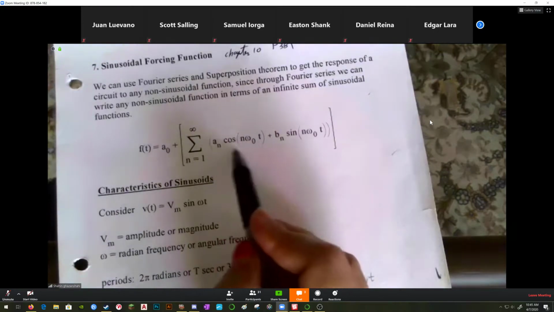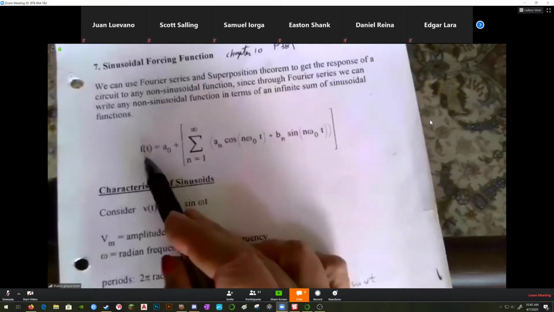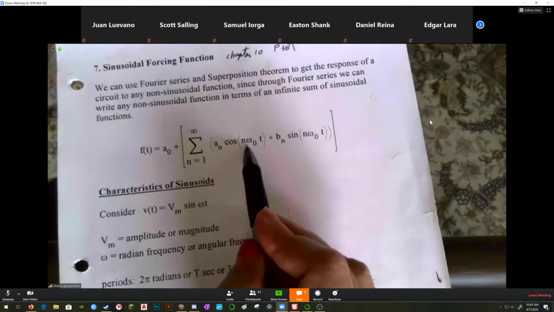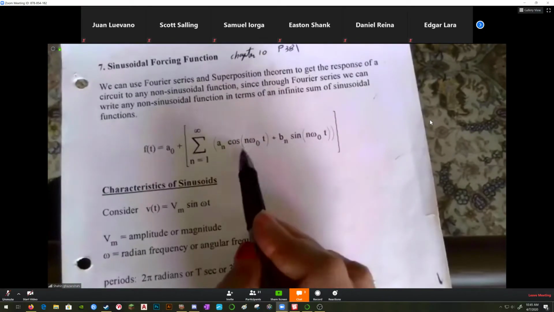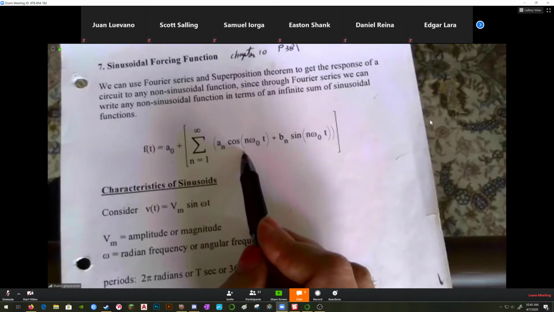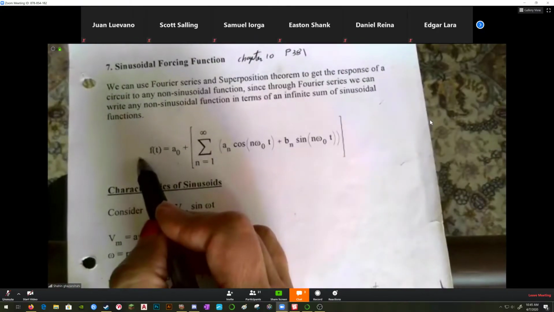Then, using superposition, you can calculate the response for any other function f of t.